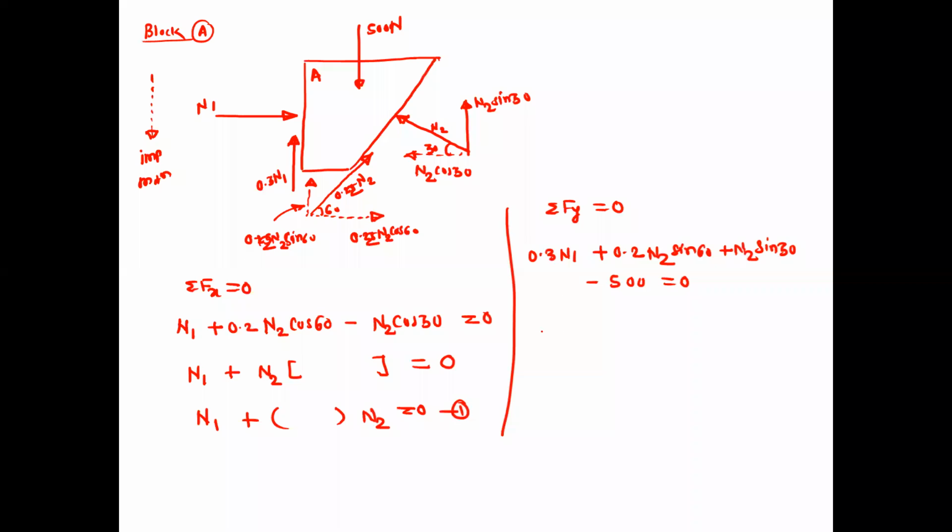So 0.3 N1 plus, take N2 common, solve that equation and get this constant value. This will be the coefficient of N2 equal to 500, so this is your second equation. Equation 1 and equation 2, solve the simultaneous equations and get the values of N1 and N2. We require only the N2 value because it is the common reaction for blocks A and B. So get this answer.